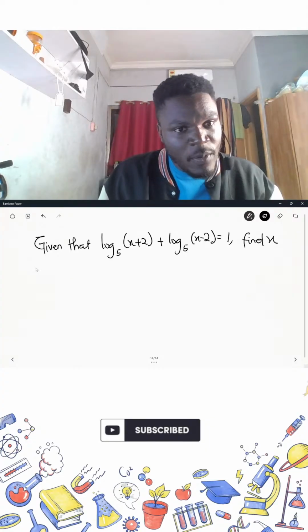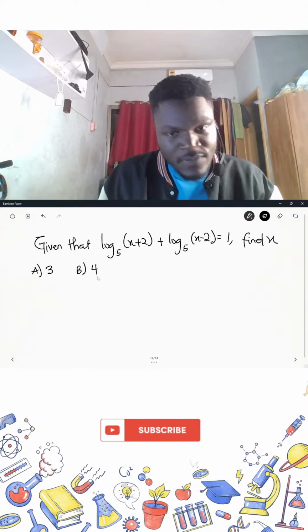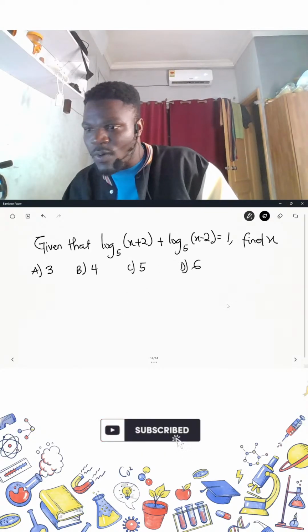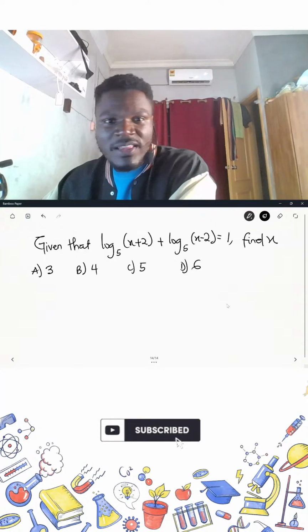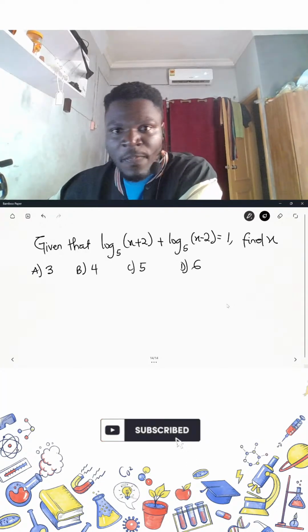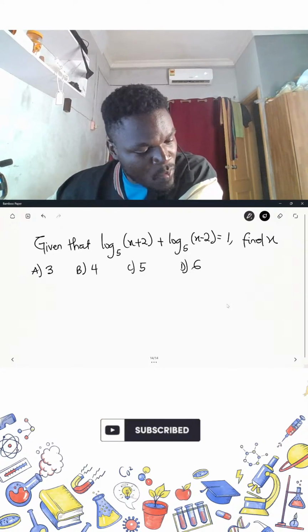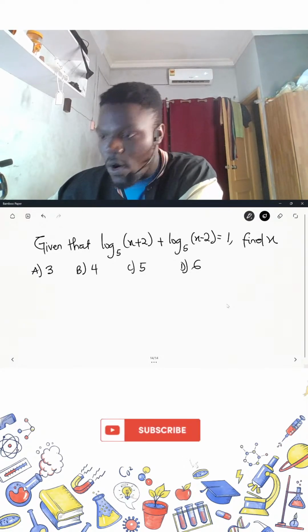So we have here our possible options. A is 3, B is 4, C is 5, and then D is 6. So this is the question that we have. Given that log base 5 of x plus 2 plus log base 5 of x minus 2 is equal to 1, we have to find the value of x.